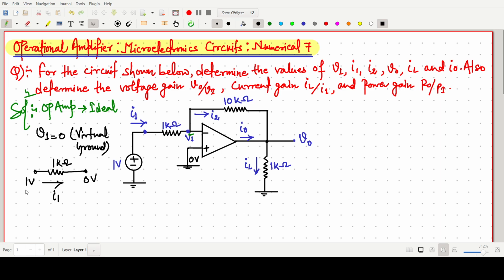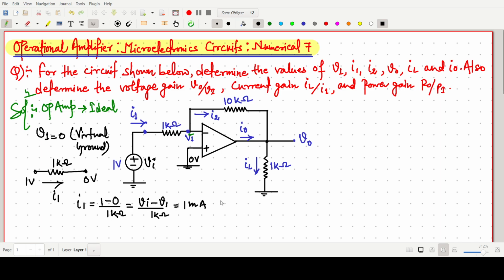So the I1 current is simply the higher potential 1 minus 0 by 1 kilo ohm. Or one can also write, if this one is VI, then VI minus V1 by 1 kilo ohm, which is nothing but simply 1 by 1 kilo, that means 1 milliampere.